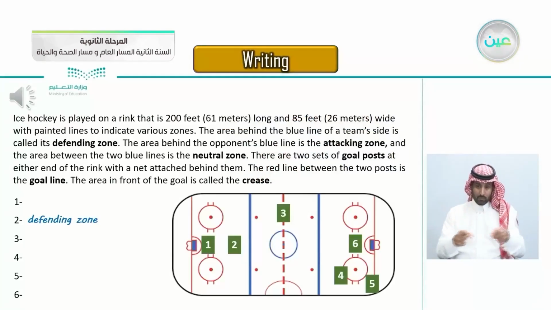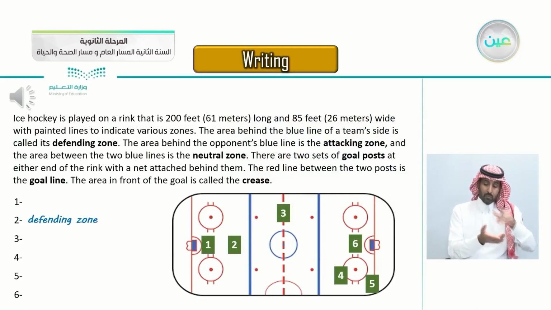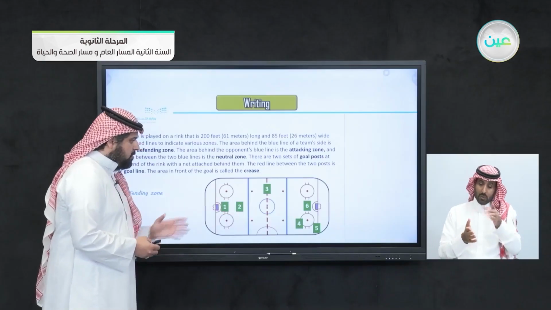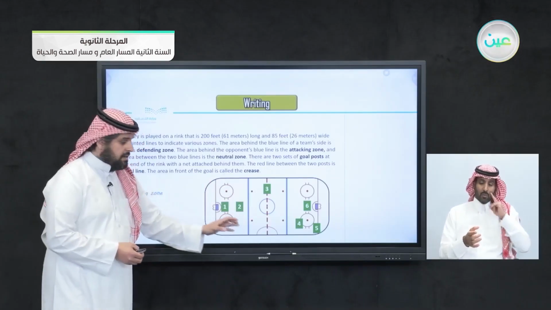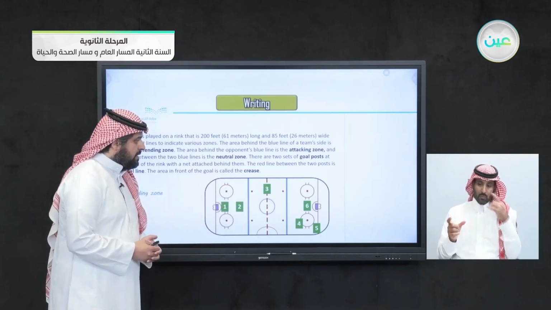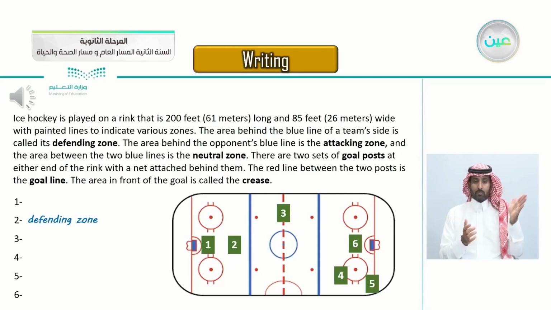As you can see here, this is the ice hockey rink, and your team is on the left. And you have the places of the players here, 1, 2, 3, 4, 5, and 6. So we'll be writing each of the positions here. We'll be learning all of that just from this first paragraph.